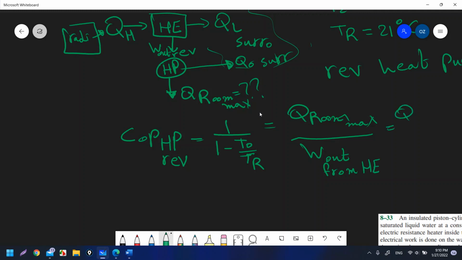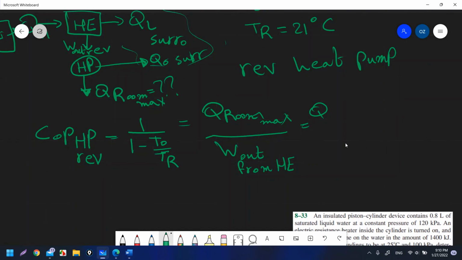So let's write it also as the work in for the heat pump, a reversible heat pump. So how can I find the Q max? How can I find the work reversible? For this, it is reversible work. This one is reversible work, yes.